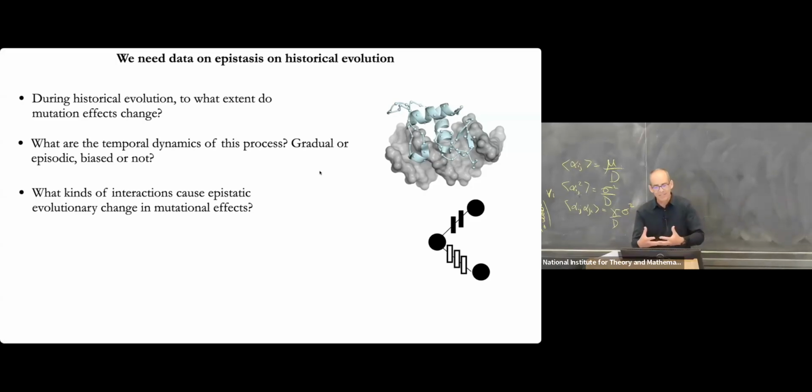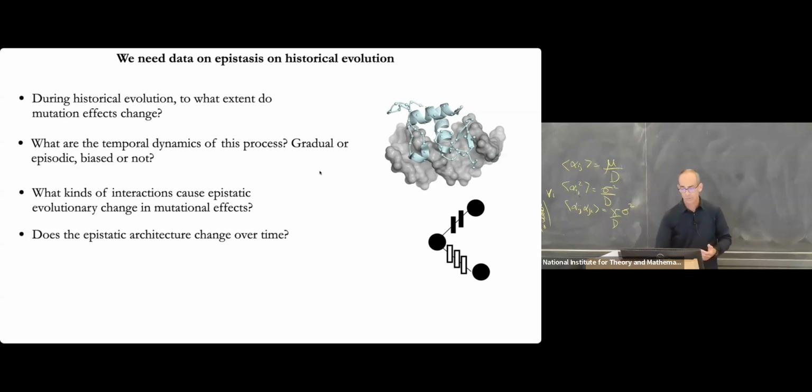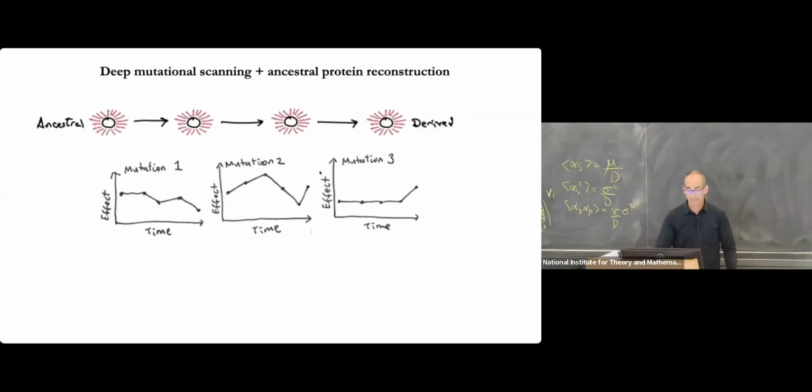What kinds of interactions in the protein's architecture cause epistatic evolutionary change in the effects of mutations? And then at the higher level, does the epistatic architecture, the couplings and the values of those couplings, actually change over time? And what are the consequences of this for evolutionary accessibility?